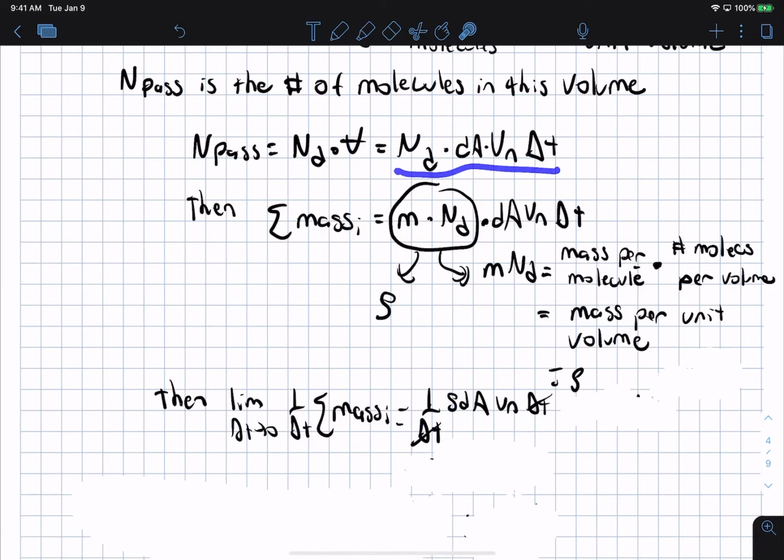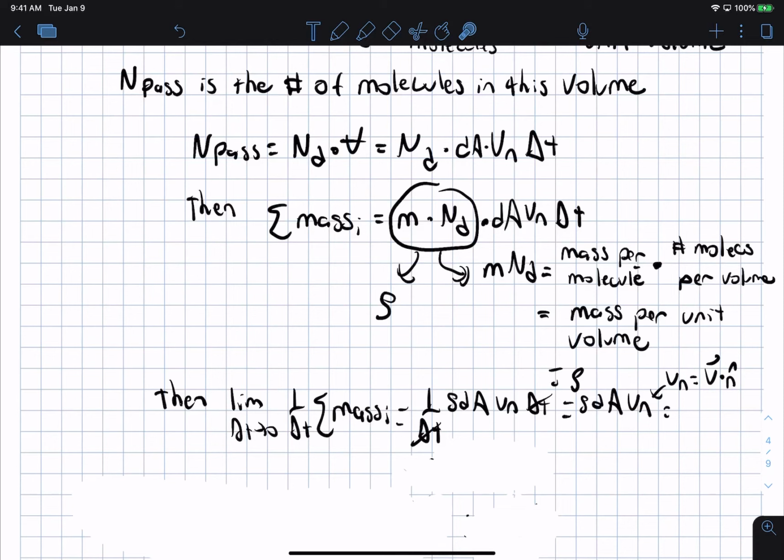It's just basically this divided by delta t. And we have a delta t divided by delta t. And that is equal to rho times dA times the normal component of the velocity. And we know that the normal component of the velocity is just given by v dot n hat.